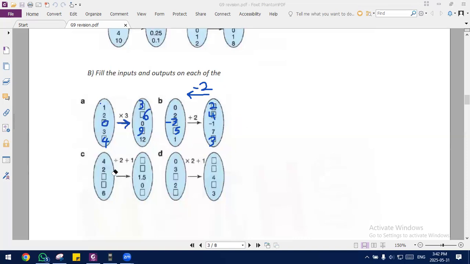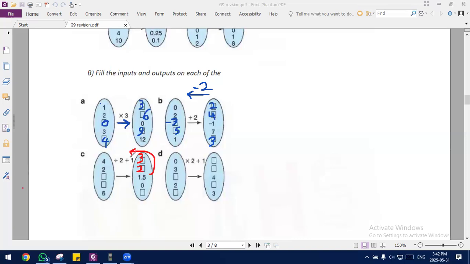Now, let me change the color. It's better. Now, 4 divided by 2 is 2, plus 1, 3. Then 2 divided by 2 is 1, plus 1, 2. Then 1.5. Now go to the opposite direction.